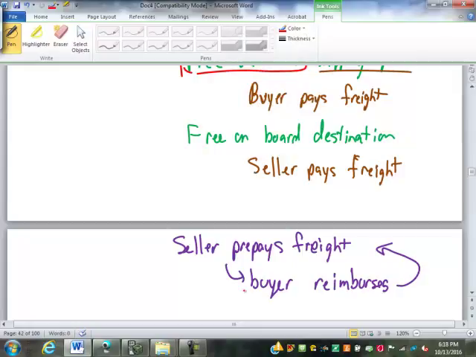And of course, that is FOB shipping point. So the buyer is paying the freight, but the seller still has to prepay it. Otherwise, the trucking company won't even load it up until the freight's paid in many cases.